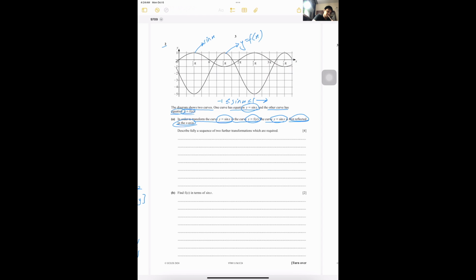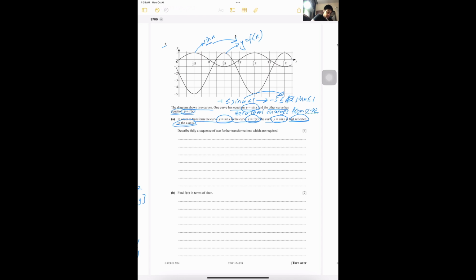So the conversion has become minus 5 to 1. So the sin x graph in conversion to the y equal to f(x) graph, this conversion has taken place. So we know that the 0 level, I'm just giving you the things you need to know first, changes from 0 to 2.